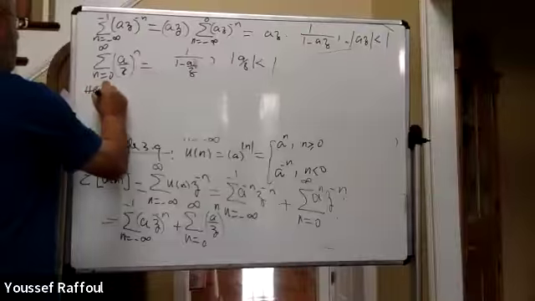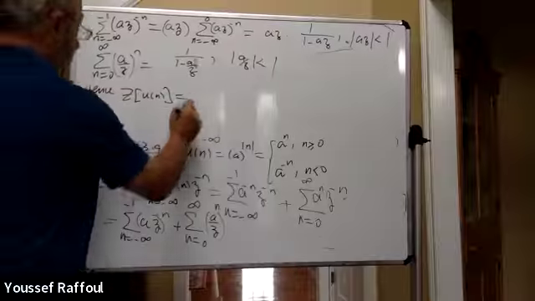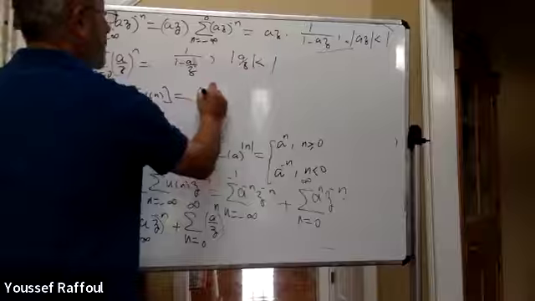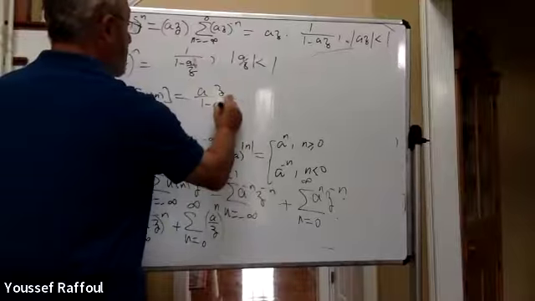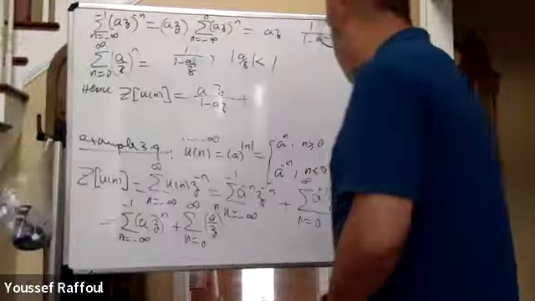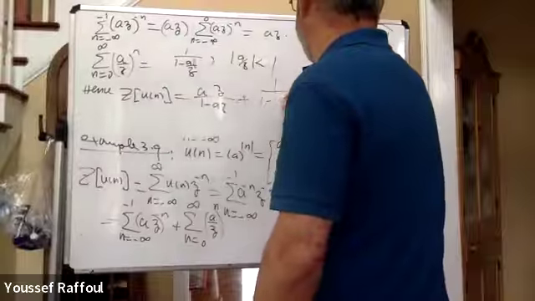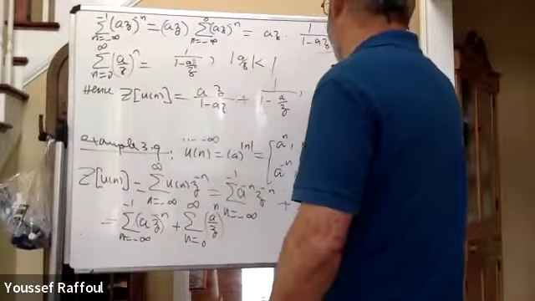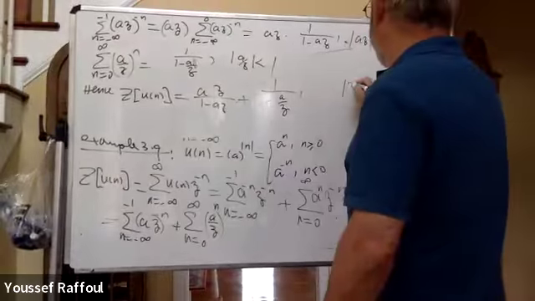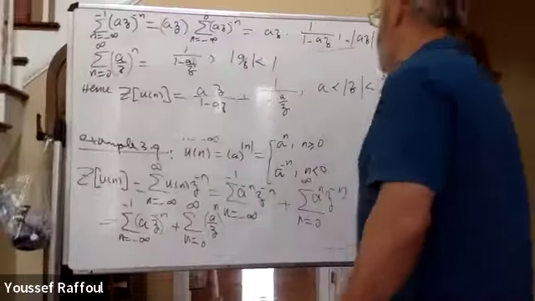Hence, the Z transform of u_n is this one plus that one, which is az over 1 minus az plus 1 over 1 minus a/z, and this holds for z in the range between a and 1 over a.